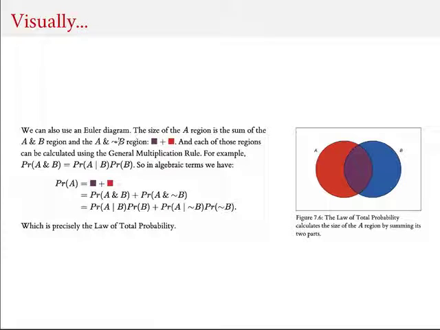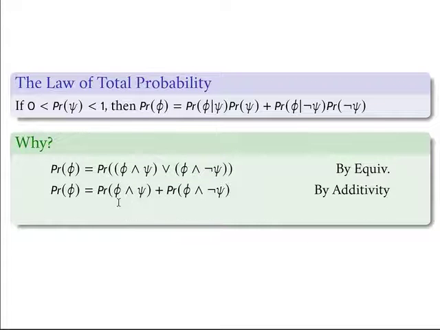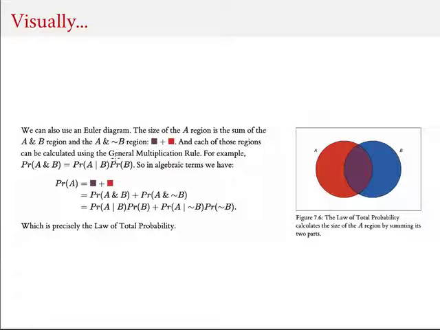Each of these regions, the A and B region and the A and not B region, as we saw in this second step, can be calculated with the general multiplication rule: regardless of whether the conjuncts are independent or not, their conjunction can be calculated by looking at the conditional probability of one given the other and the unconditional probability of the other.